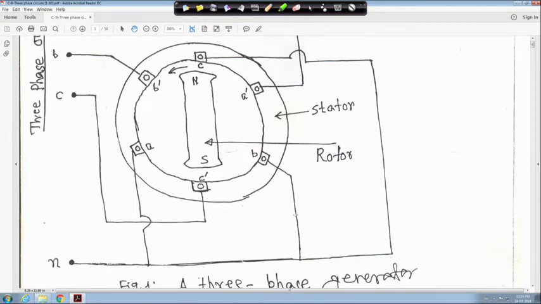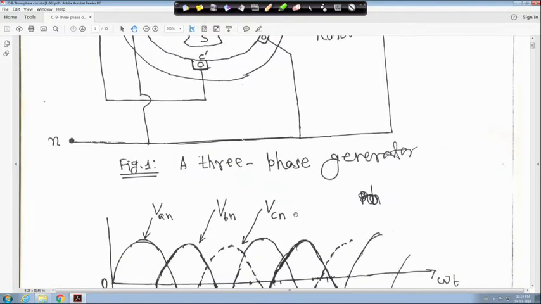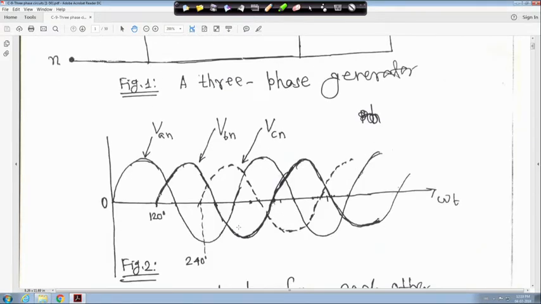AN, BN, CN we will call the phase voltages. What will happen if we follow VAN, then VBN? It is moving like this, anti-clockwise, right? Then VBN, as I told, they are 120 degree apart physically, right?